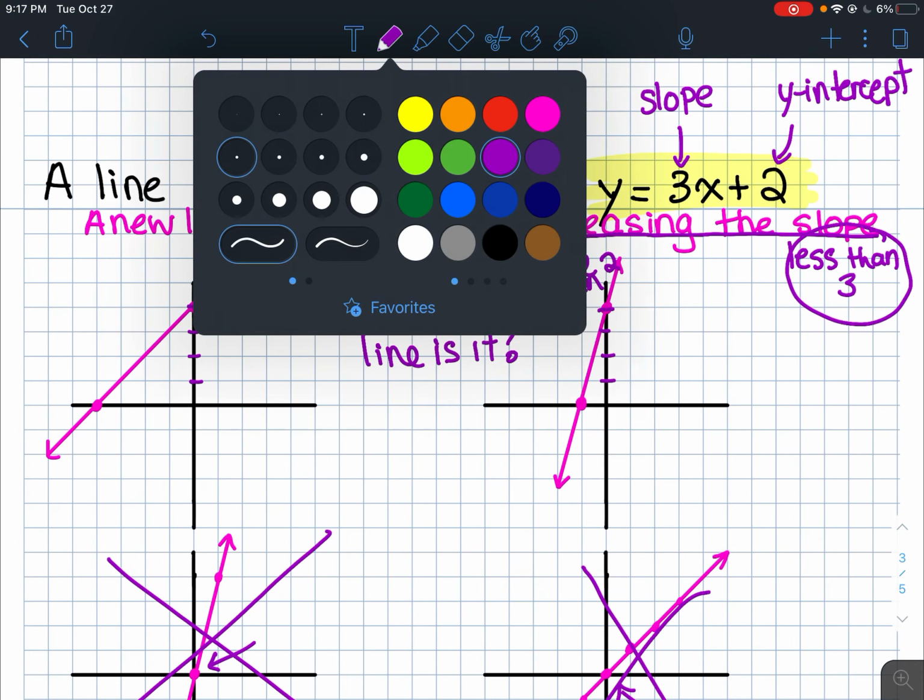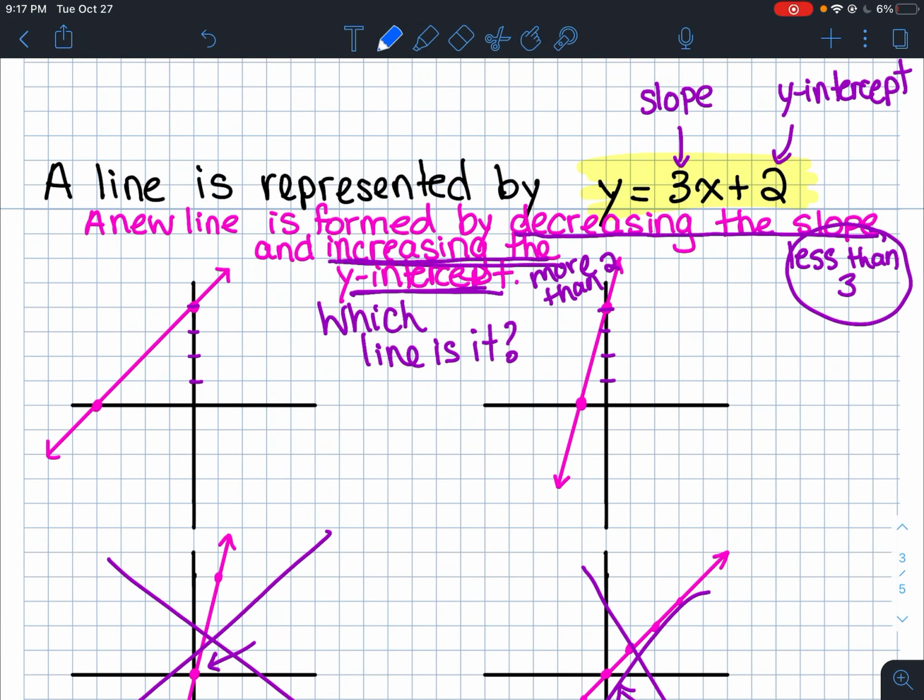Let's check what the slope is on each of them. Remember, we just pick 2 points on our line. Let's say I picked this point and this point, since they're already obvious. Then let's find the rise over the run. 1, 2, 3, 4 is the rise. 1, 2, 3, 4 is the run. So this slope is 1, which is less than 3.